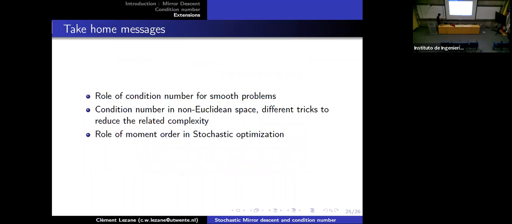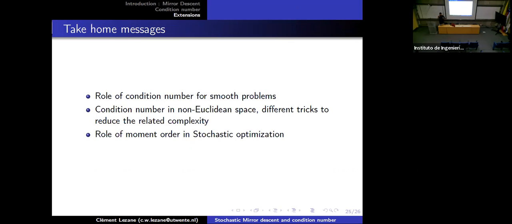And so it was a little bit long. So the take home message is that the condition number is something really important for smooth optimization. We will see it anywhere, and the complexity to solve a problem really depends on this number. And this number can be pretty big in the non-Euclidean space, as we just saw for the LQ norm. And so the idea of different algorithms is always to try to minimize it.